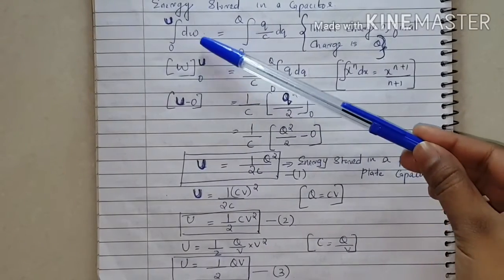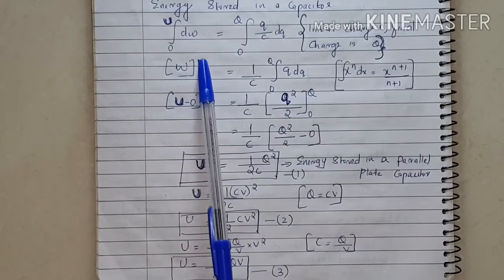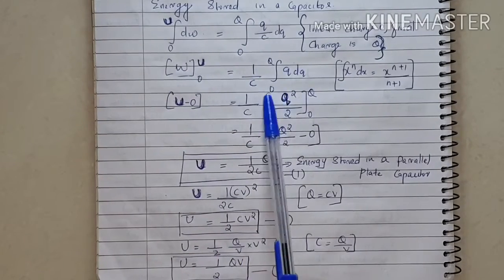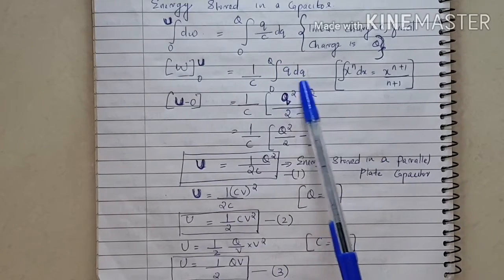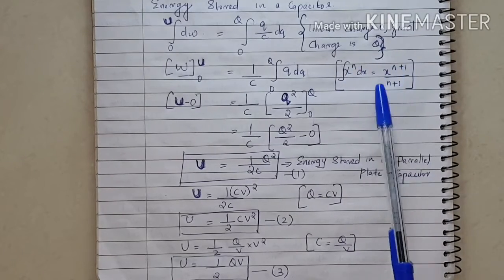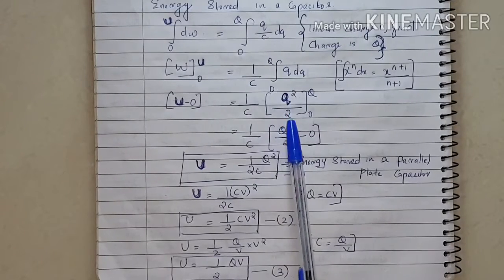Integral of dW is W, 0 to U, equals, taking the constant outside, 1 by C integral 0 to Q, Q dq. Integral of x raised to n dx equals x raised to n plus 1 by n plus 1. So, Q raised to 1 integral is Q square by 2.